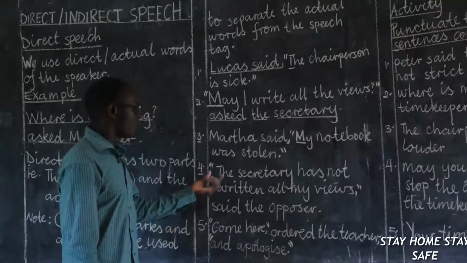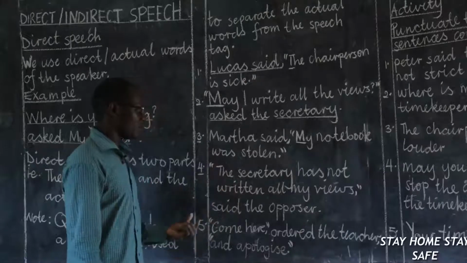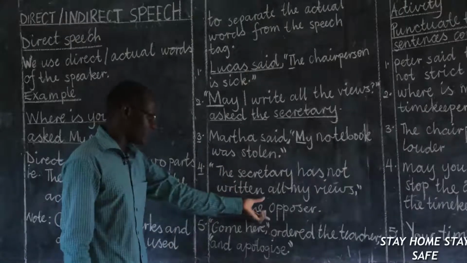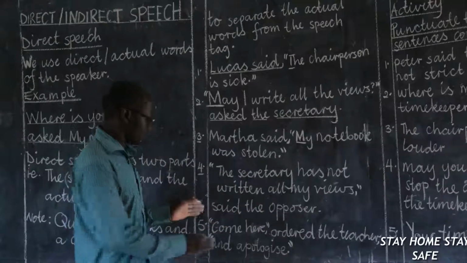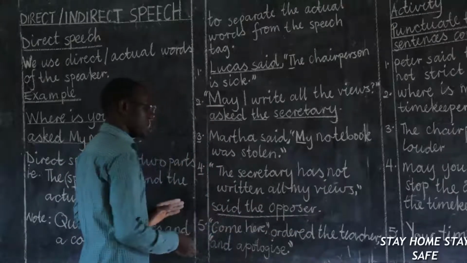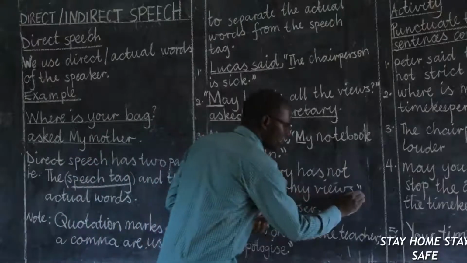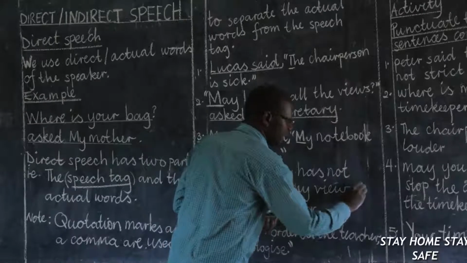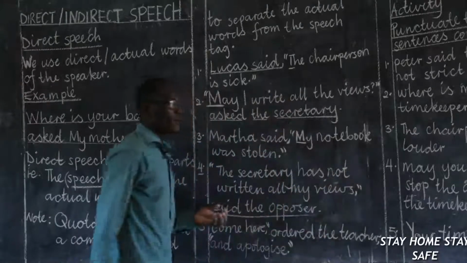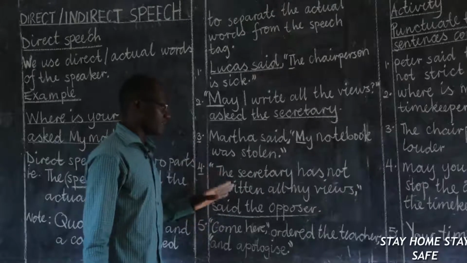For example, we are saying the secretary has not written all the views. These are the words that the opposer said. So we separate the words that the opposer said from our own speech using a comma. And then we close all these words as they are, directly as they are.